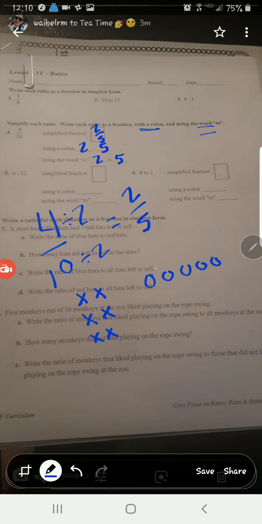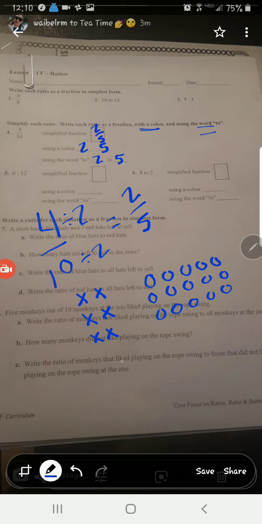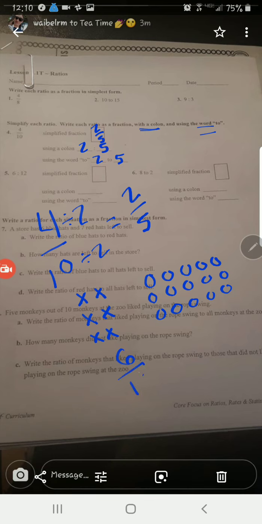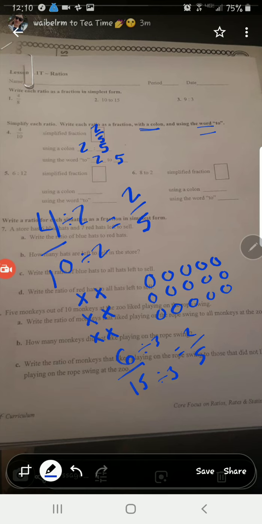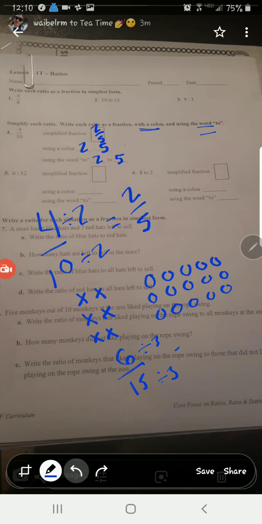But if you have 6 x's, then you're going to have 15 circles. And if you simplify 6 and 15, divide both of those by 3, you're going to have 2/5.